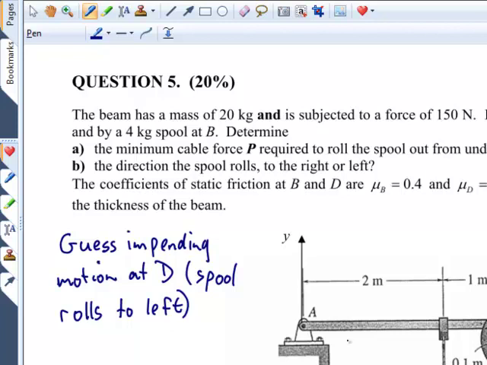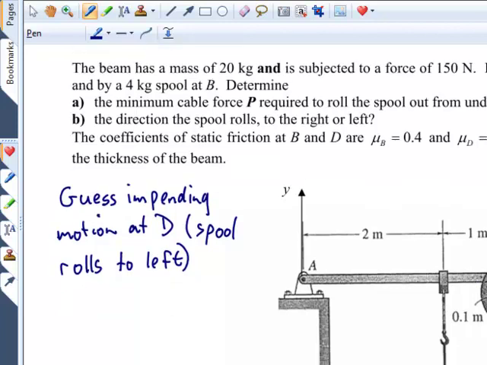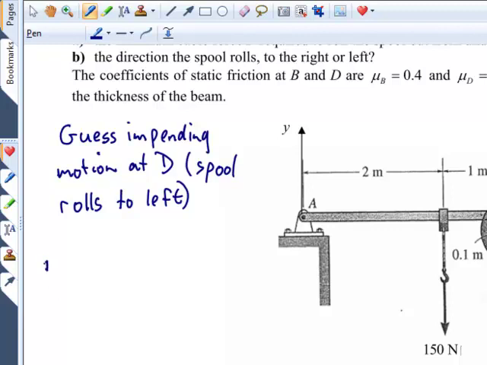But I think if we do a free body diagram of the beam first, then that will tell us what the force is on the spool. So let's start with the beam. The free body diagram of the beam is going to be the same either way. Well, no, the friction force would be different depending on which one slips.